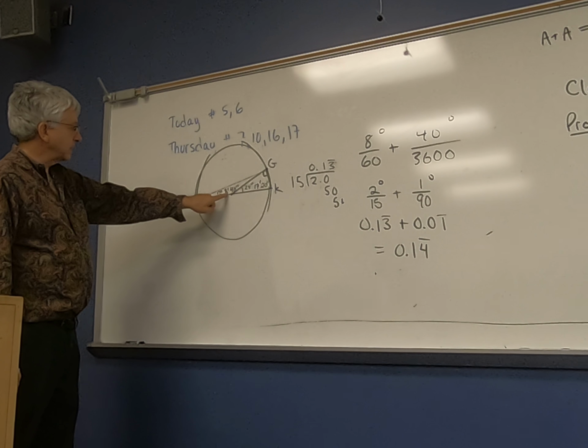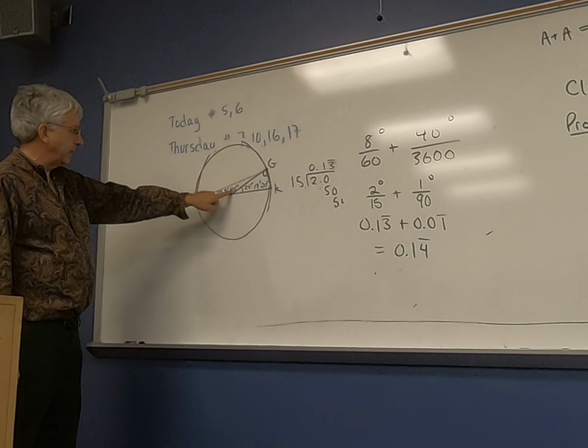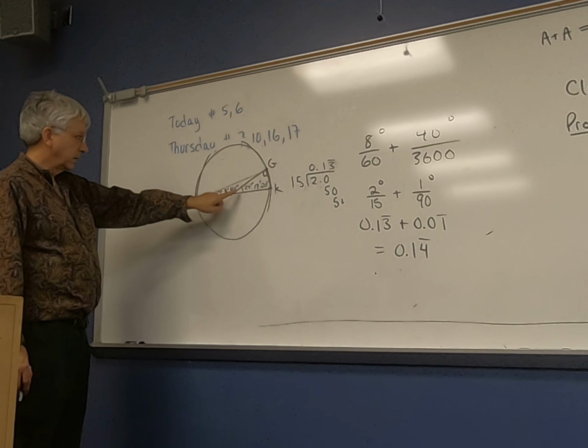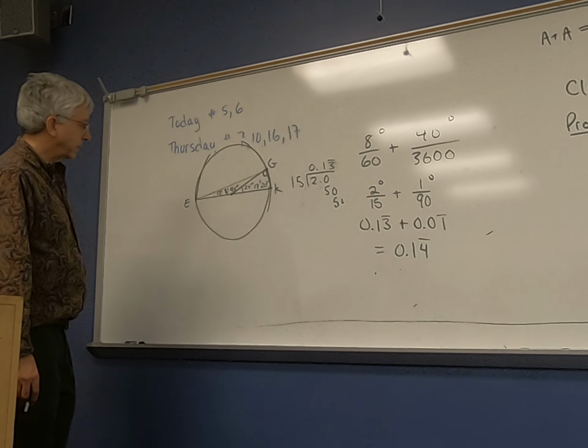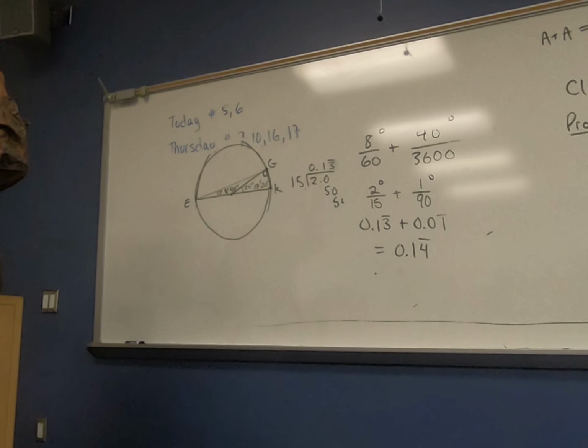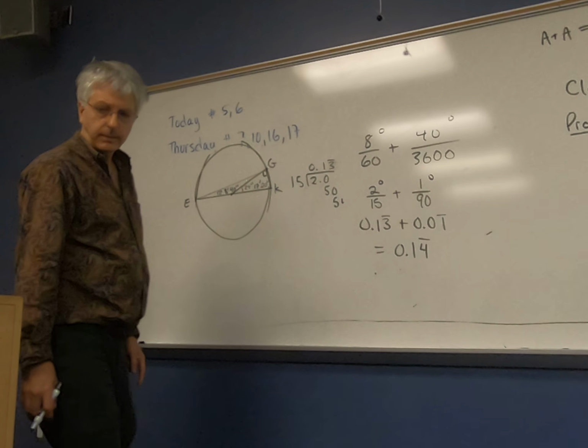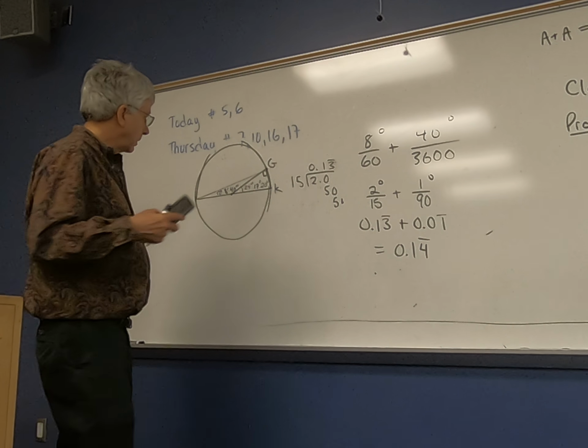Twice 18 minutes is 36, but twice 40 would be 80 seconds. 80 seconds is 1 minute and 20 seconds, right? So I took one of those minutes and added it to the minutes place. So now we want to say what is the degree measure of that arc.